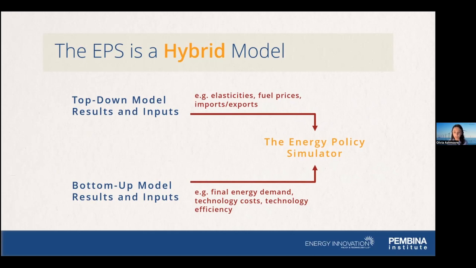Top-down results typically start with the big picture, things like GDP and population forecasts, and use that to look at trends in energy consumption or economic growth. But we also take bottom-up data, which is observed data on things like energy consumption or historical electricity production, and use that within our model as well. Next slide.